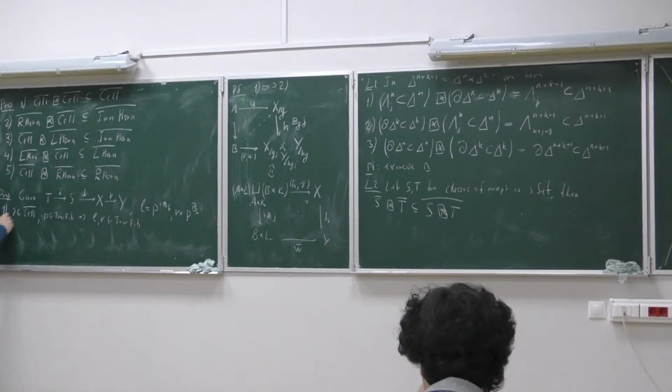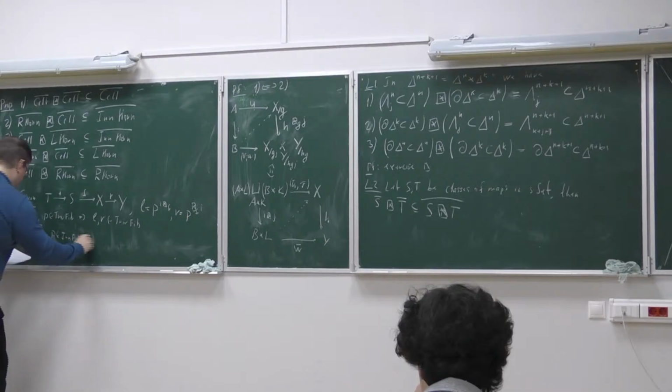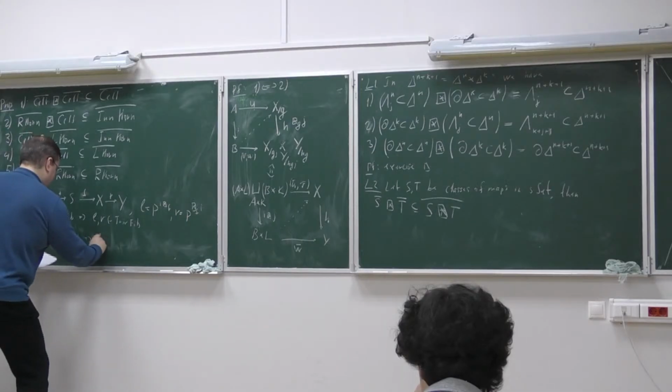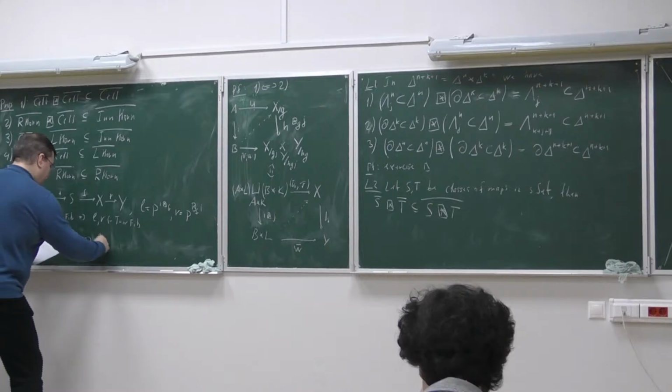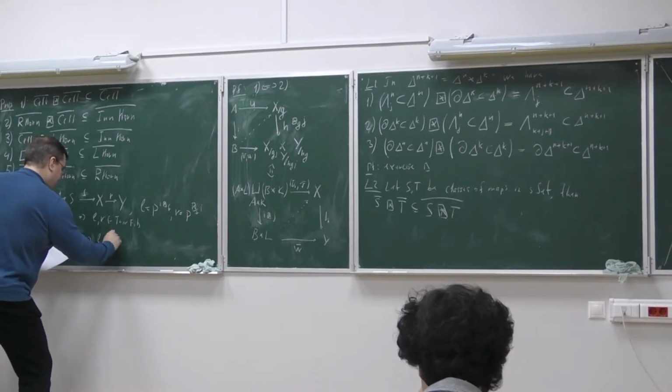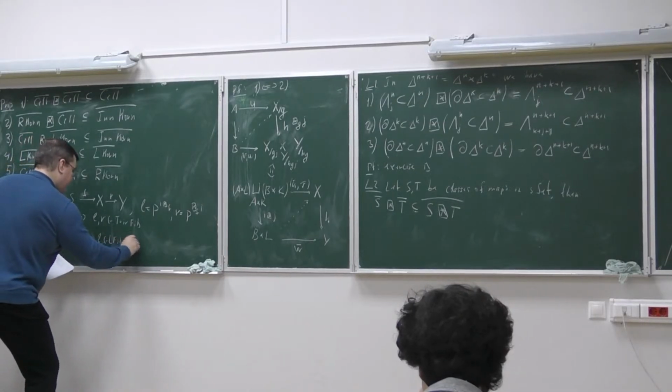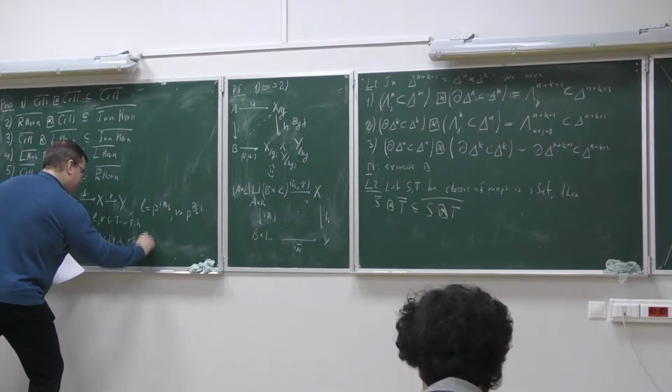In part two, again I assume that I is some monomorphism, and P is now a fibration, and this implies that L is a left fibration and R is a right fibration.